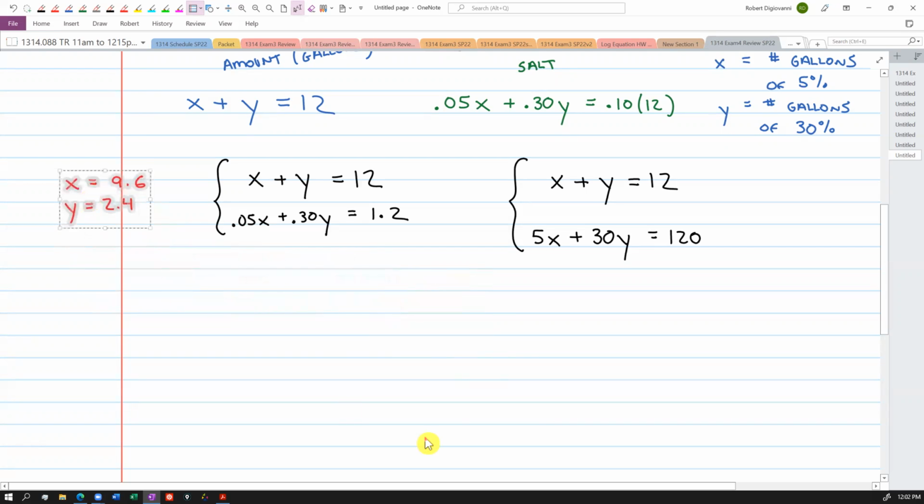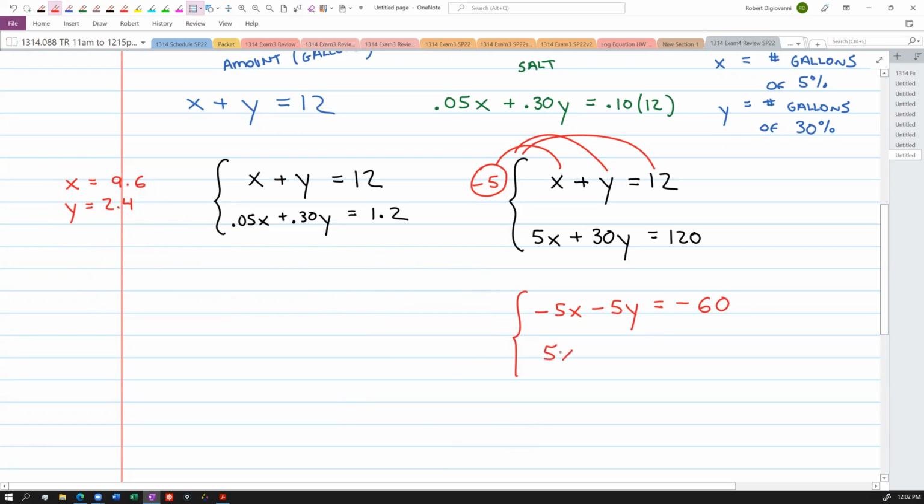Let's see if it looks good. What I'm going to do is just solve for one of them. Did you all multiply the top one by -5? Is that what y'all did? Okay. This is a new system. -5x minus 5y equals -60.